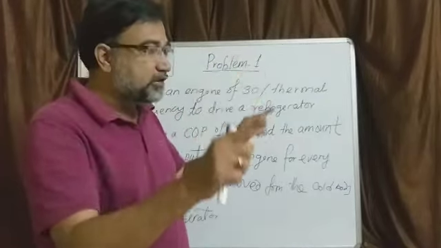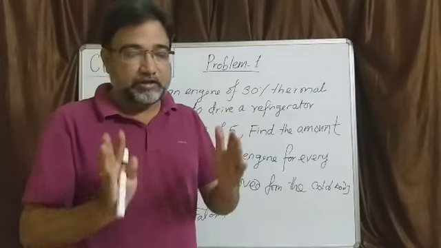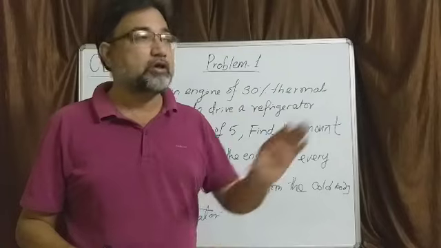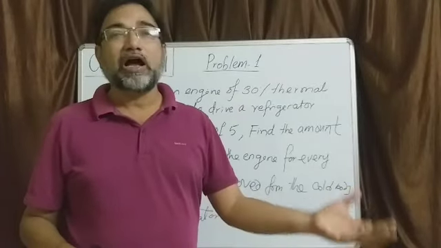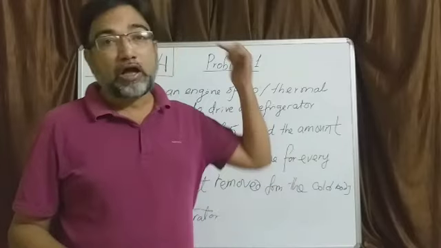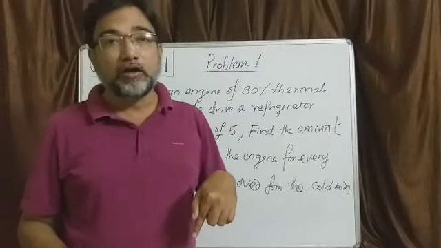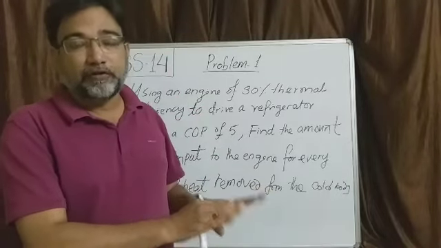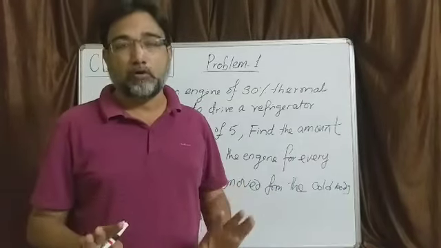First, try to visualize the situation. There is an engine. The engine drives a refrigerator. The efficiency of the engine is known, the COP of the refrigerator is known, how much heat the refrigerator is extracting from the cold body is known, and how much heat is to be given by the source to the engine for the purpose of refrigeration needs to be found out.